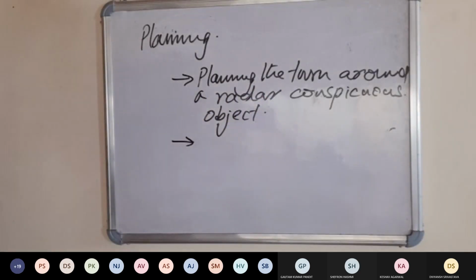Conspicuous means visible. Other times it may be that you don't have anything on the radar, you can't see anything.